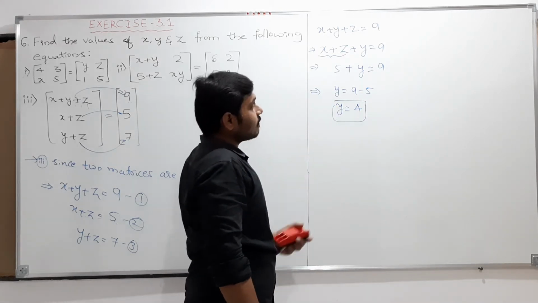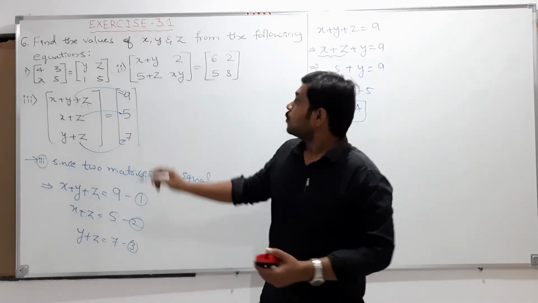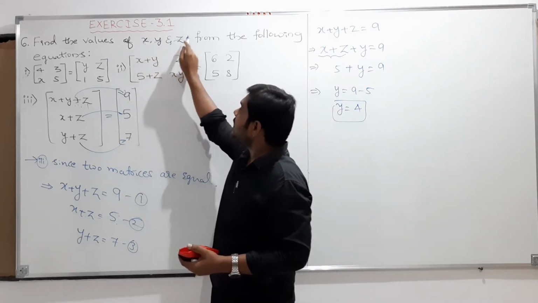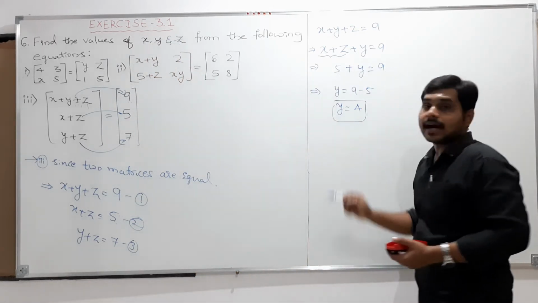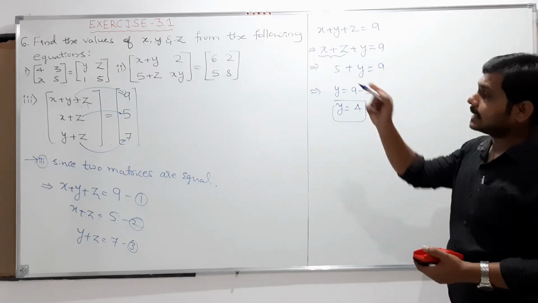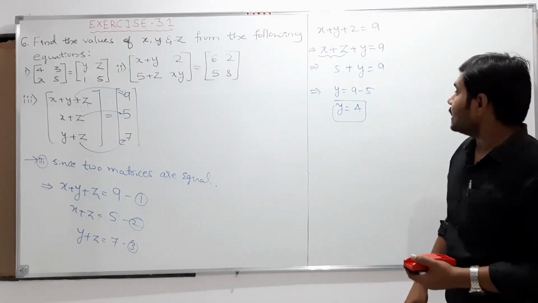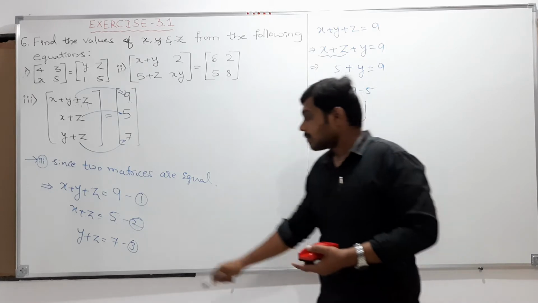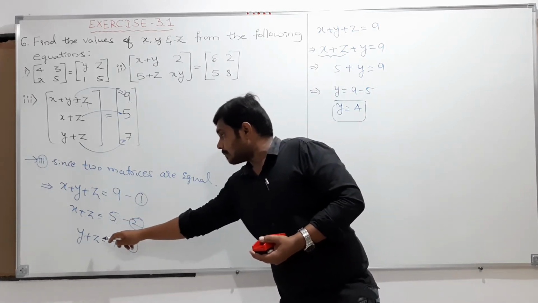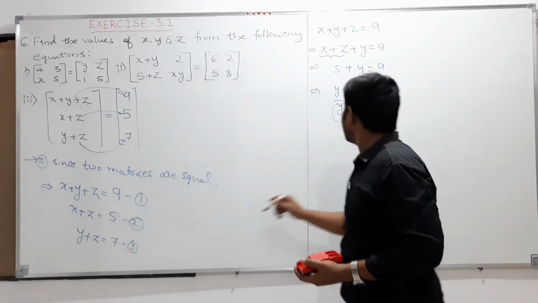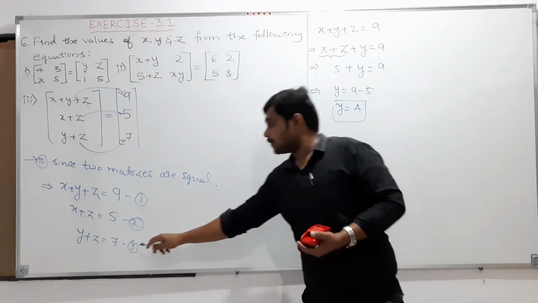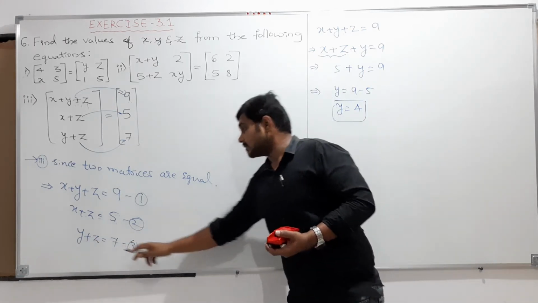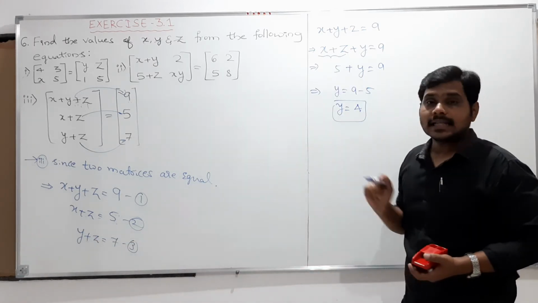So now we know the y value, and next we are going to find the x and z values. I just calculated the y value. To continue, you can use y plus z is equal to 7. If you put y equal to 4 in this equation, you will get the z value.